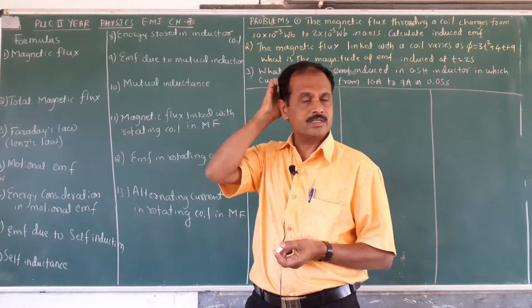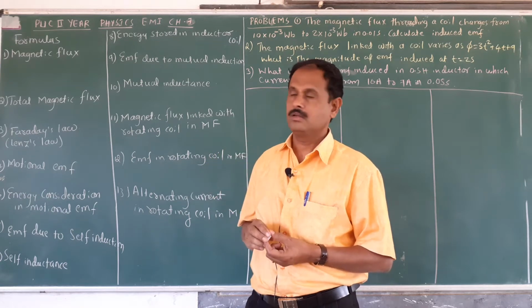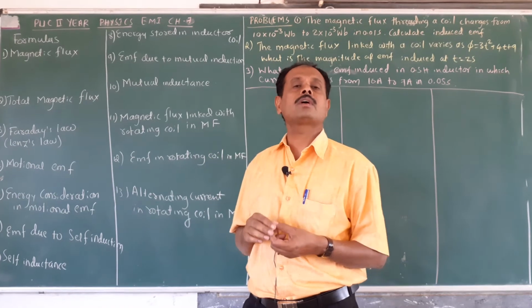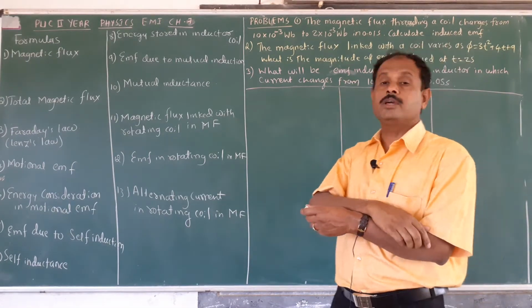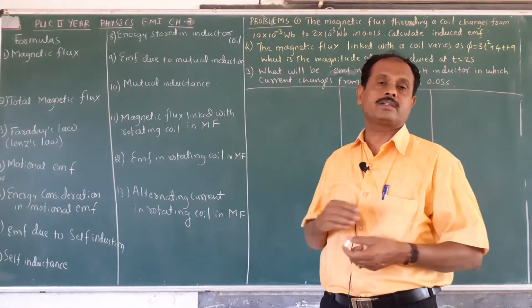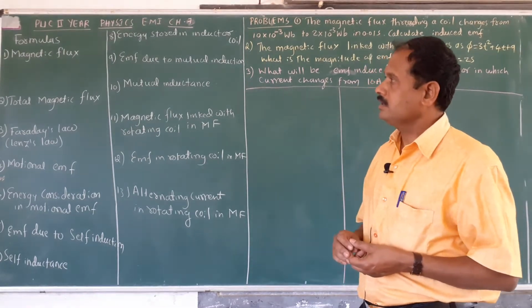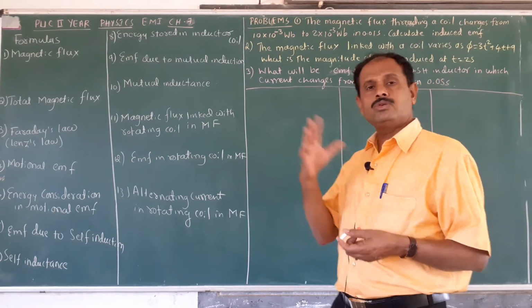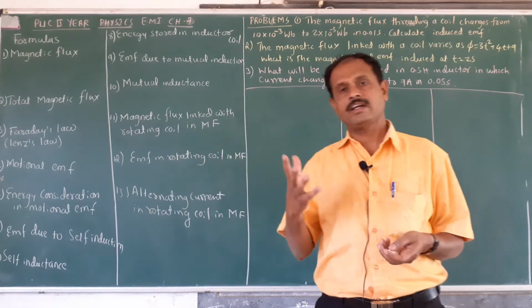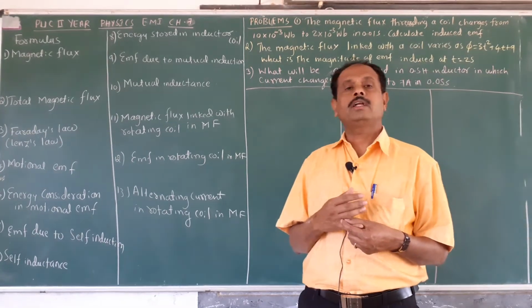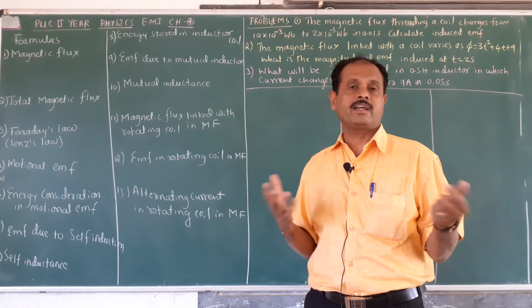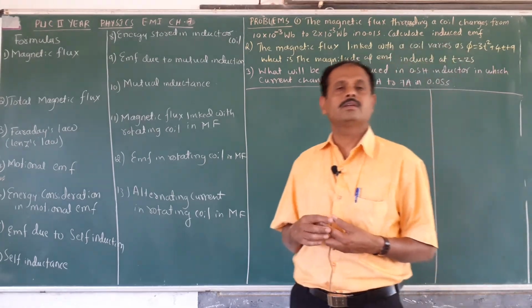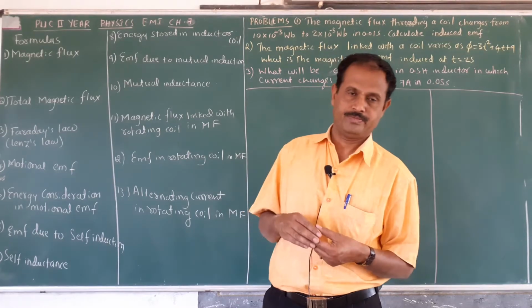Yes, I want to discuss the formulas that come under the EMI chapter, the electromagnetic induction chapter. Usually you know about magnetic flux and magnetic field lines. The magnetic field lines are closed loops.